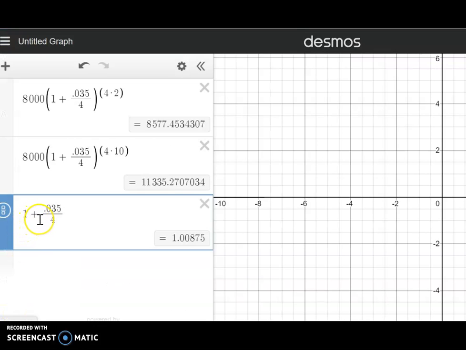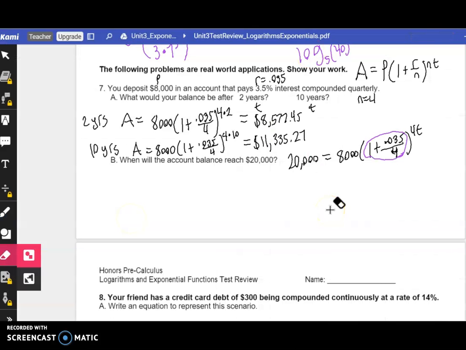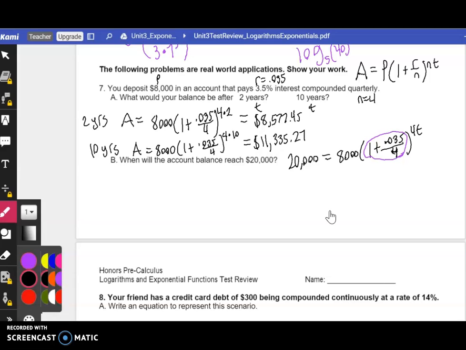You can see there at the bottom, 1 plus 0.035 over 4 is 1.00875. I need to make sure I keep all those decimals, no rounding. So 1.00875, my bad, to the 4t power times 8,000 equals 20,000.